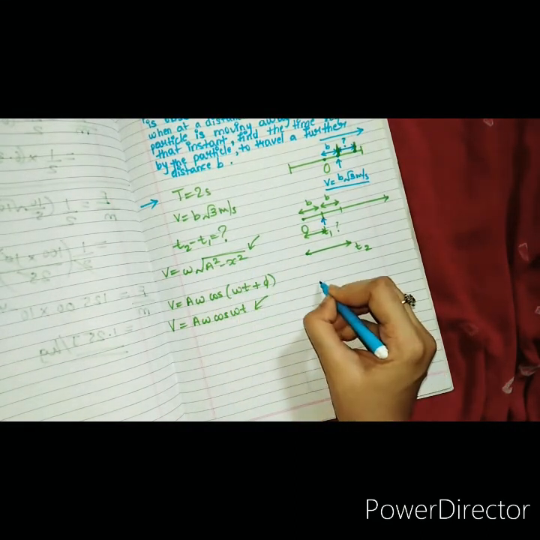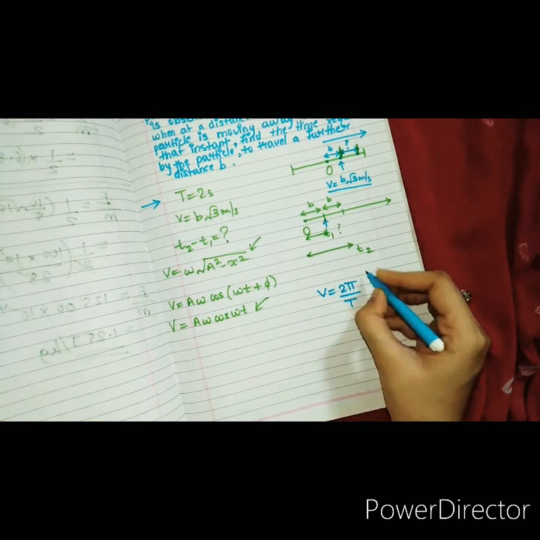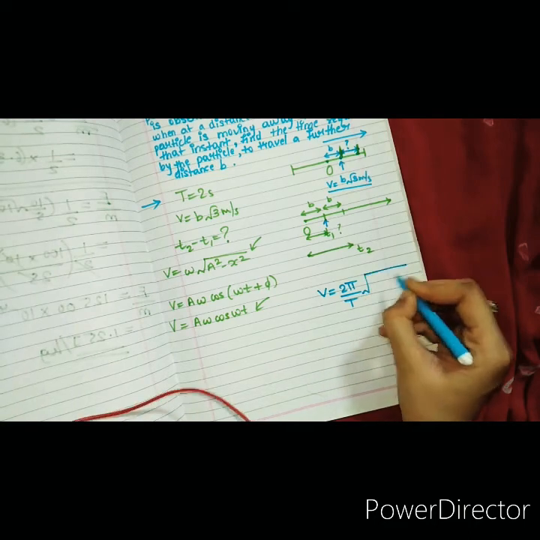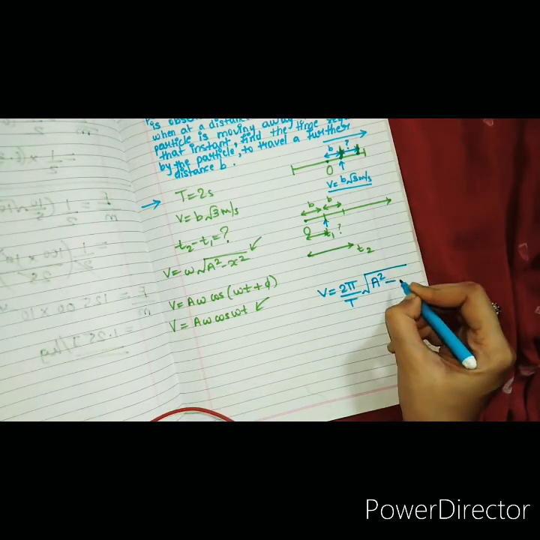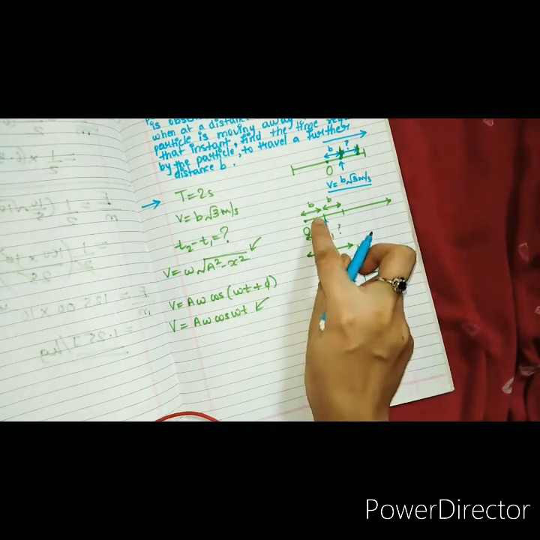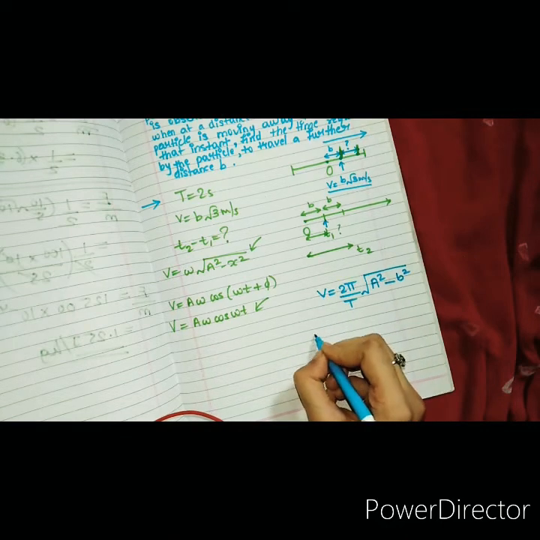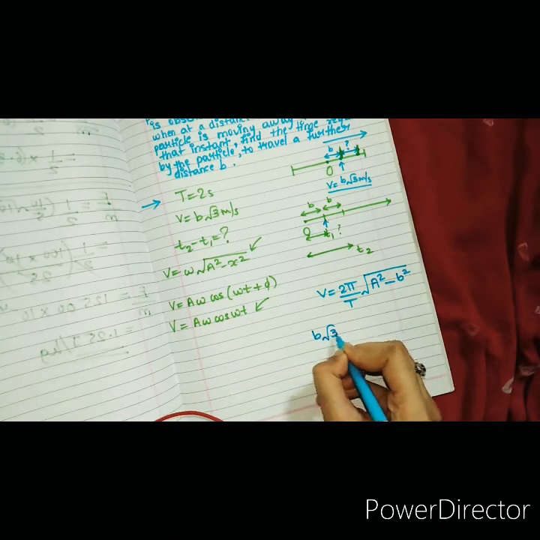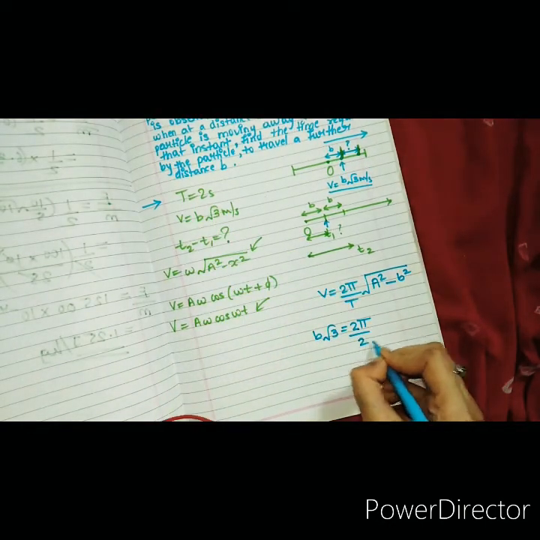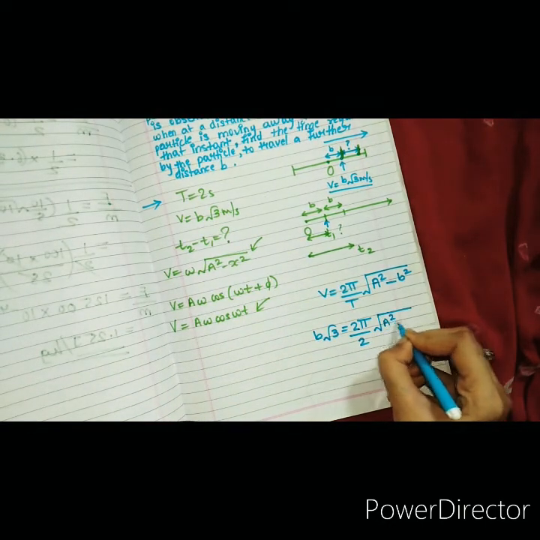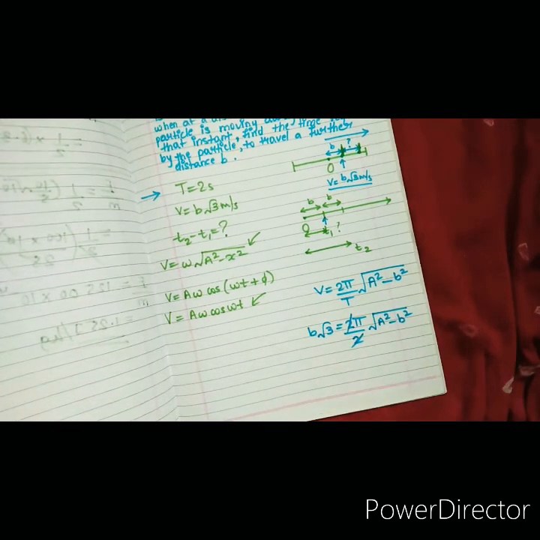So I can go with this formula first: v is equal to omega, which is 2 pi upon T, under root a square minus x, and x is b, so b square. We have v, that is b under root 3, equal to 2 pi upon T under root a square minus b square. This 2 gets cancelled.